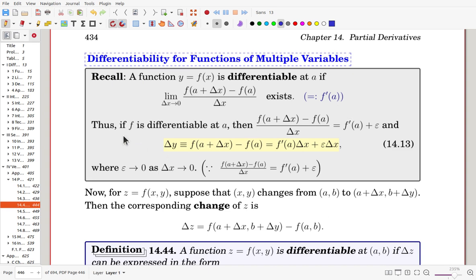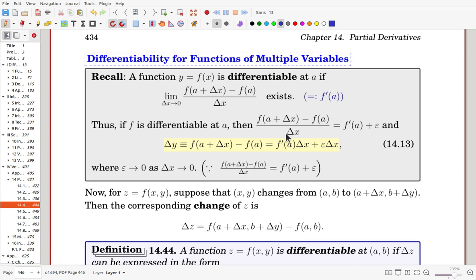If f is differentiable at a, then this quotient will be around the value f prime at a, and the difference will be epsilon. We use epsilon to indicate they are not the same, but they are really near each other.